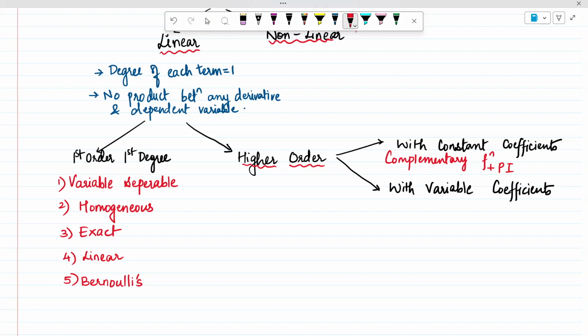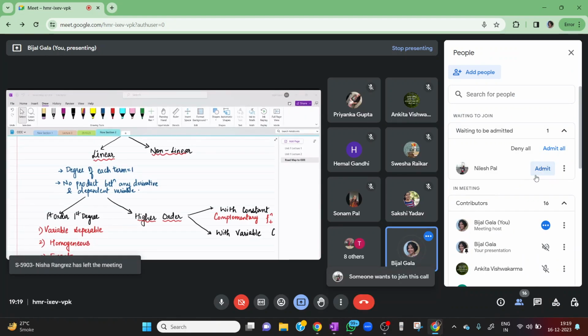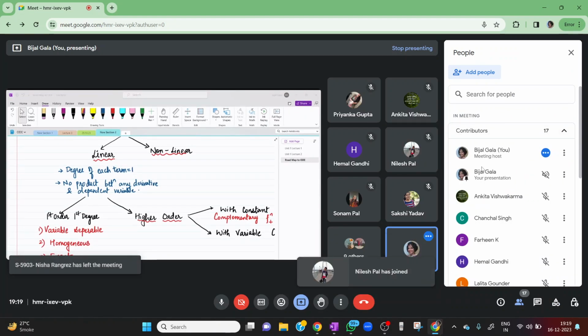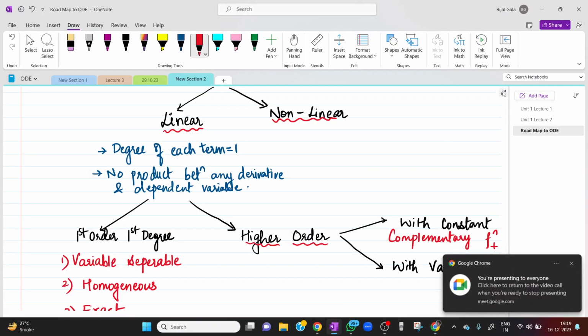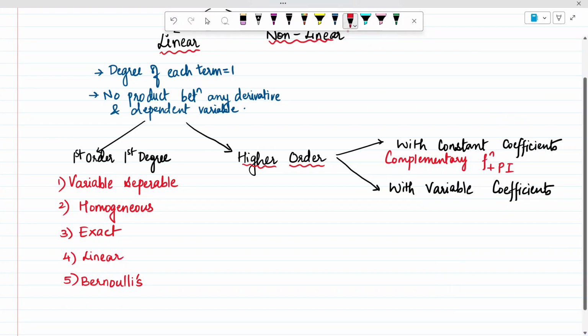Now, the questions with variable coefficients are the ones which are kind of difficult to crack, because constant coefficients have this method of getting the auxiliary equation.